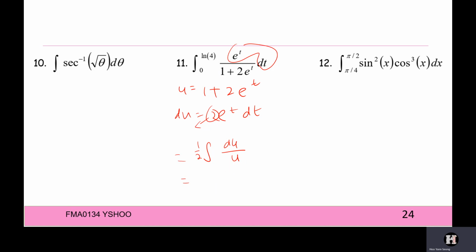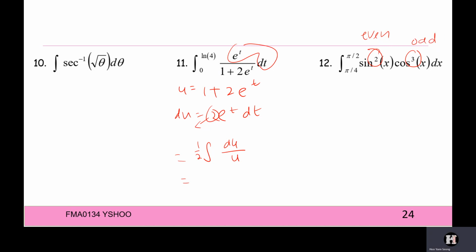Now, question 12 is the one I said is not in your Maths 2 or Maths 3 syllabus, which has a very special combination where the power of your sine is even, and the power of your cos is odd.